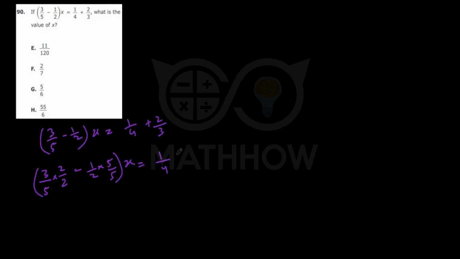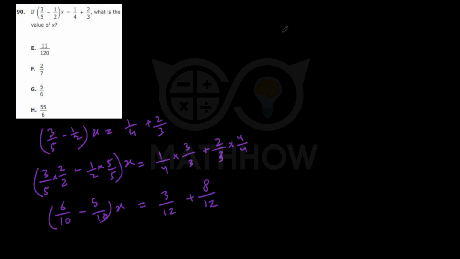Similarly, here this will become 6 over 10 minus 5 over 10, and this will become 3 over 12 plus 8 over 12. The LCM denominator is same, so the LCM is 10.